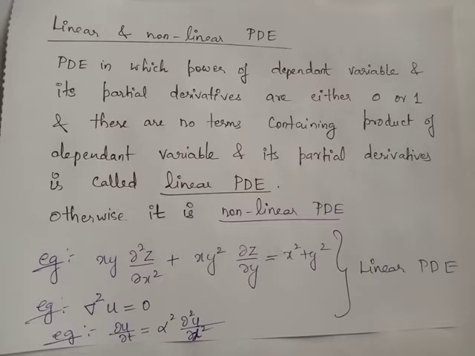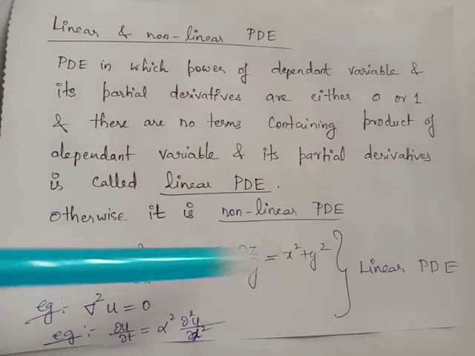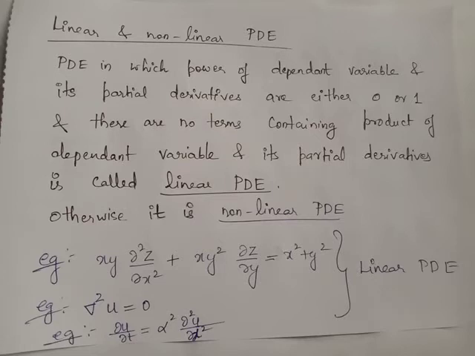So the power of z is 0. Also there are no terms occurring in the format of product of dependent variable z and its partial derivatives. Here xy², x² plus y² are all terms of independent variables. Thus this equation is a linear partial differential equation.